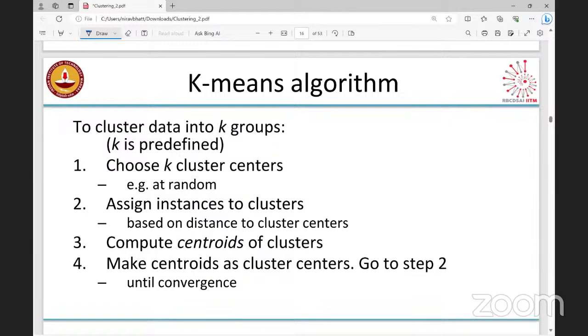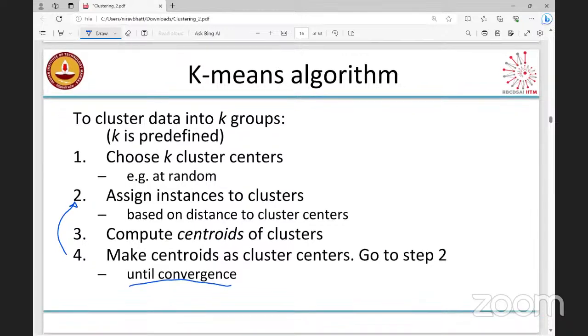Make the centroids the cluster centers and go back and again assign data to the clusters based on the closeness decided by the distance metric, until you converge and there is no more reassignment possible. Voila.